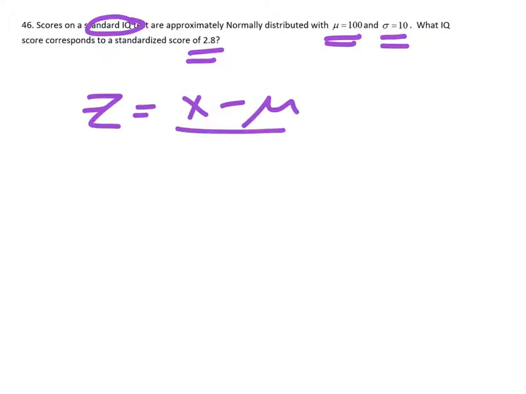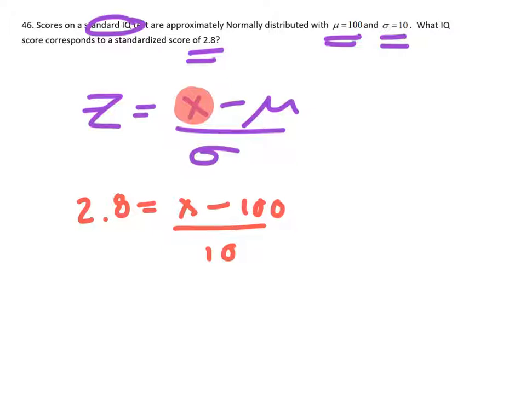Last question here in the review. It says, what is the actual score on the IQ that she got? Here's the mean, here's the standard deviation, and here's the z-score. So the z-score again looks like this. This time it's a little bit different because we're going to attempt to solve for x. So we plug in everything else and just solve it like an equation. Her z-score was 2.8. We don't know what she had here, but the mean is 100, and then it divides by the standard deviation.